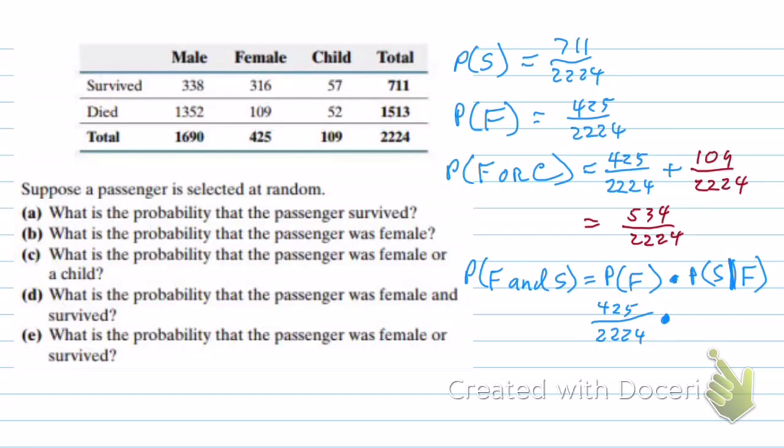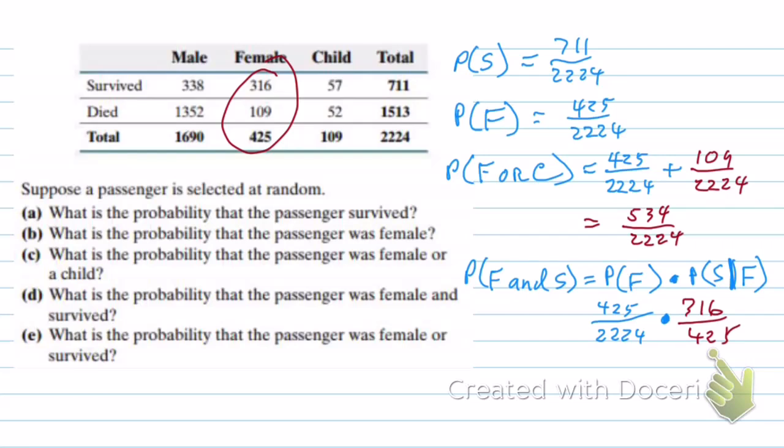So I narrow my sample space down to just females, right? Given that I got a female, I'm just looking at this. What's the probability she survived? 316 out of 425. Stop there and think about that. Out of the 425 females, 316 survived. This is a conditional probability.